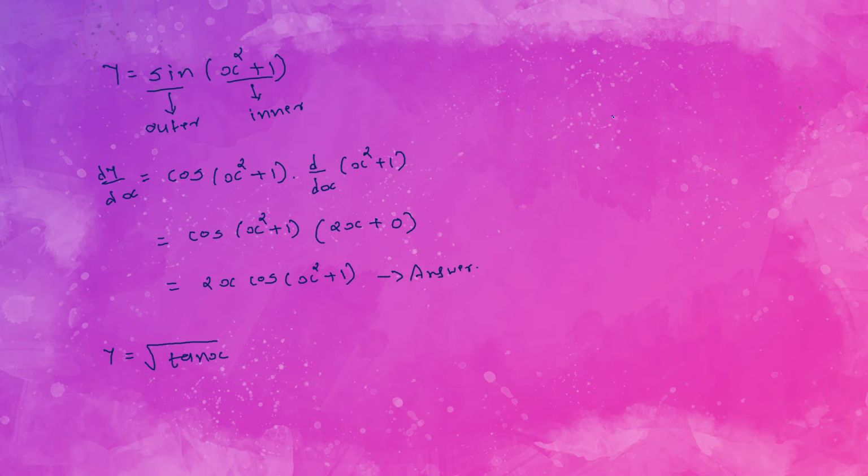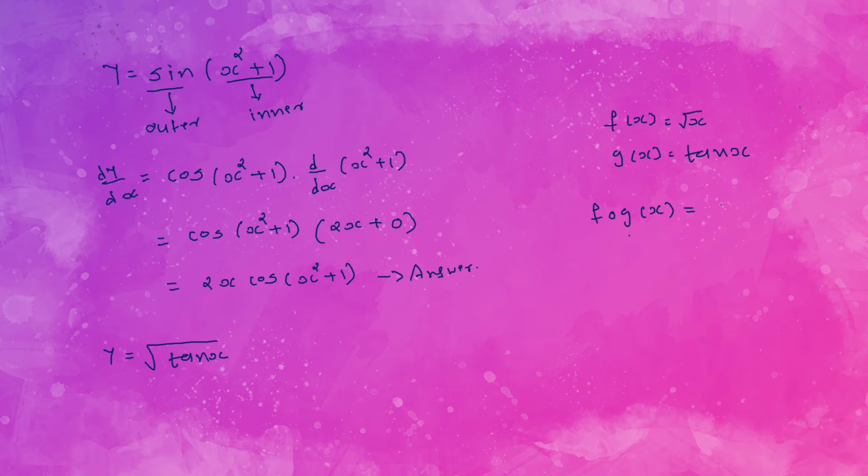Suppose I have a function f of x is equal to root x and another function g of x is equal to 10x. Okay, then when I'm taking f of g of x, f of g is a composite function, g will work on x and then f will work.